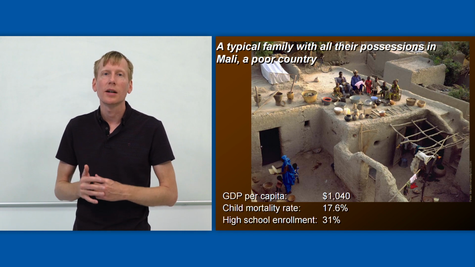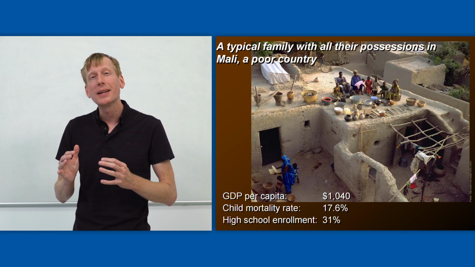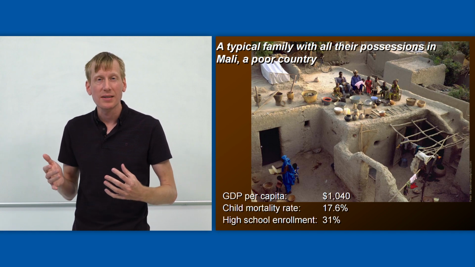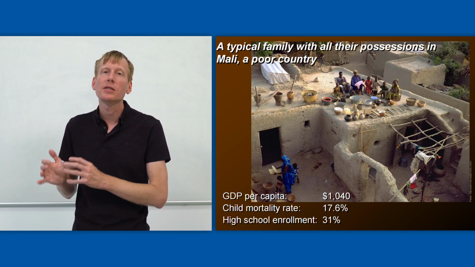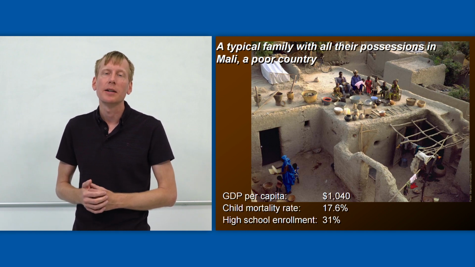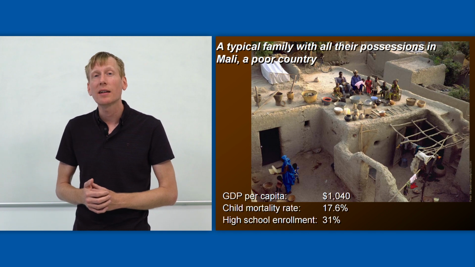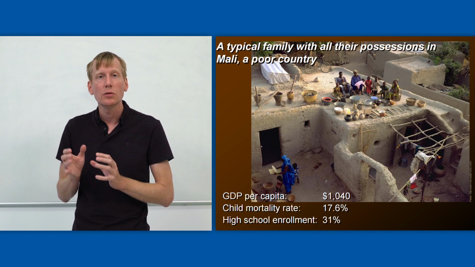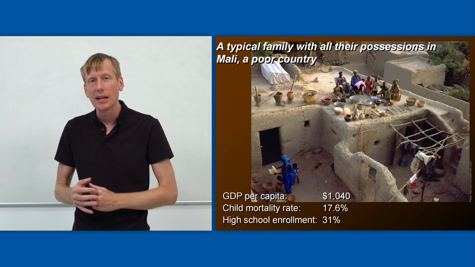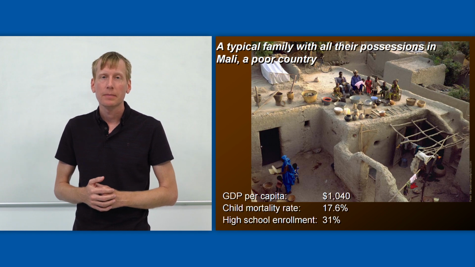Only $1,040 per capita. And as you can see, the living space and the typical possessions of the typical family in Mali, they have much less than the typical family in Mexico does. You can also see now in Mali, the child mortality rate, that is the percentage of children who die before the age of 5, is 17.6%.